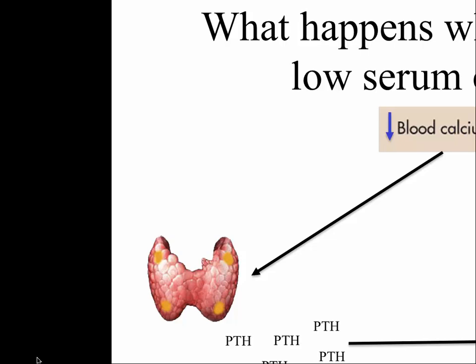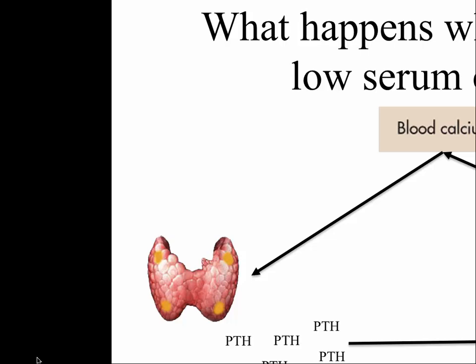That's the bone on the inside that is more of a spongy texture to it. And this causes the release of free calcium that's going to restore your blood calcium levels. So if you drew anything similar to this, congratulations. If not, I hope you learned.